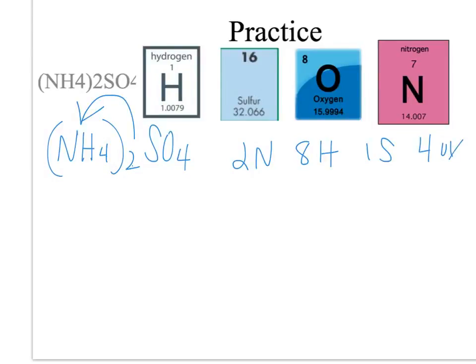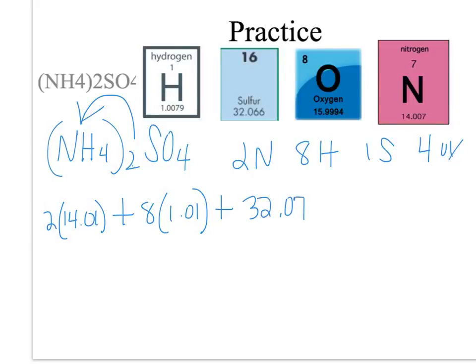So now let's do that all together, and as we put this on here, you might want to pause, because I go a little faster than sometimes you guys do. So we're going to add that all together. I'm going to say 2 times the nitrogen, which is 14.01, plus 8 hydrogen, which is 1.01, plus 1 sulfur, which if we round sulfur becomes 32.07, plus we had 4 oxygen, times the 16.